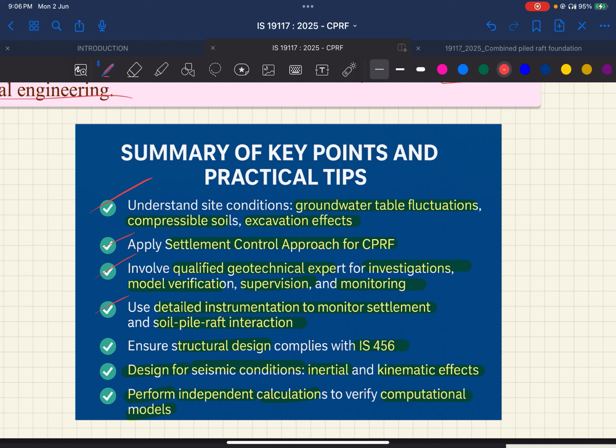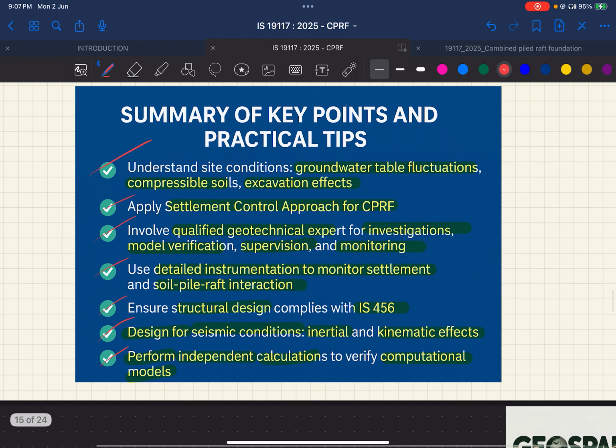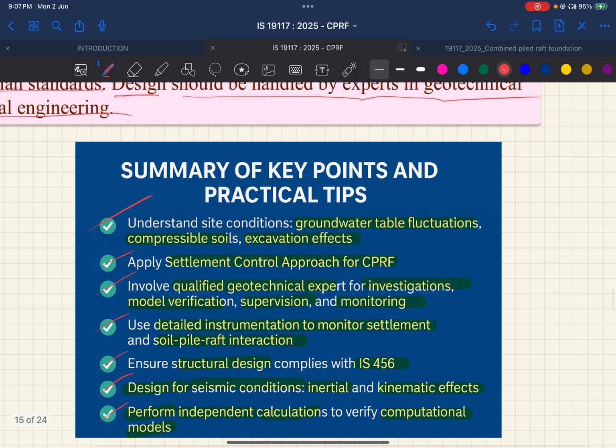Use detailed instrumentation to monitor settlement and soil pile raft interaction, and ensure the structural design complies with IS 456. Then design for seismic conditions for inertial and kinematic effects, and perform independent calculations to verify computational models and ensure the design reliability.